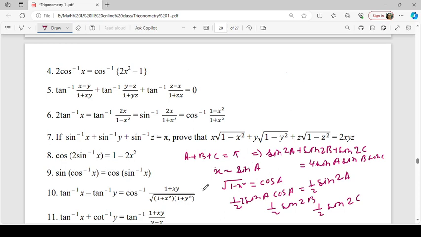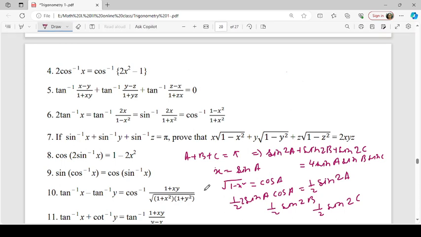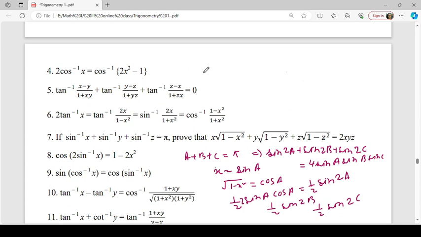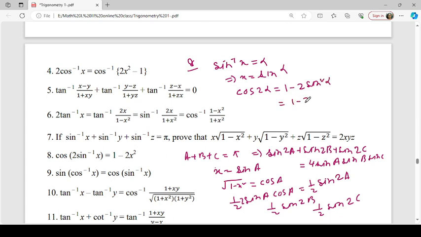Then this is cos of 2 sin inverse x. We write it as cos of twice alpha. Number 8: sin inverse x is equal to alpha, then x is equal to sin alpha, then cos of twice alpha is 1 minus 2 sin square alpha, which is equal to 1 minus 2x square.